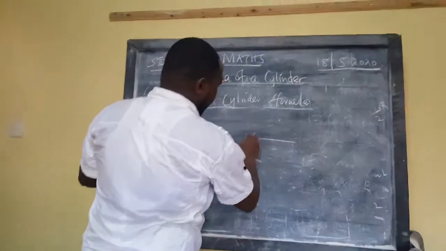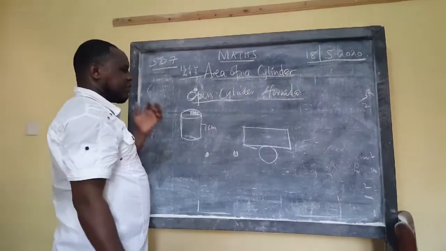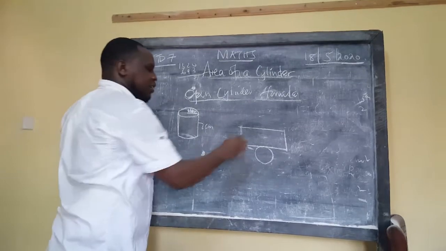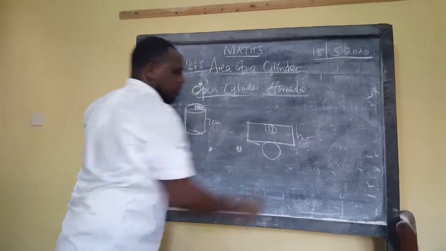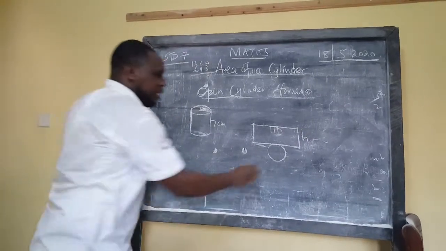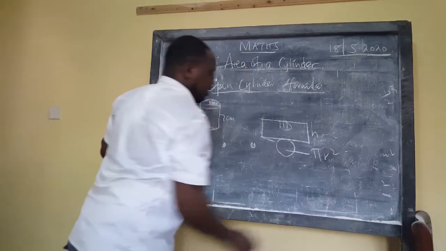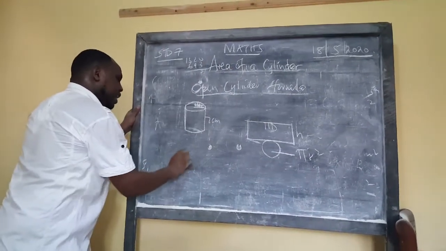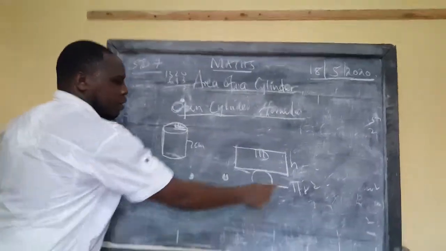If it's open, we are going to have one circular part and the curved surface. How do we get the area of the curved surface? Length, which is pi d, times height, which is width. And how do we get the area of this? The area of a circle is pi r squared.